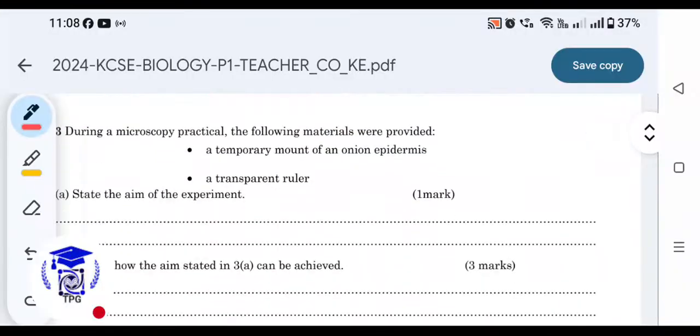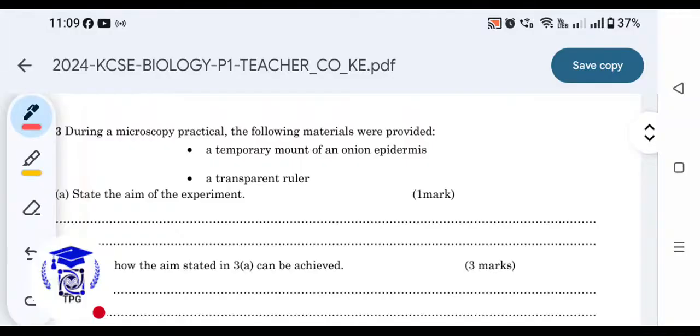During a microscopy practical, the following materials were provided: a temporary mount of an onion epidermis and a transparent ruler. State the aim of the experiment. So we already have a temporary mount of an onion epidermis on a microscope, and we have a transparent ruler.